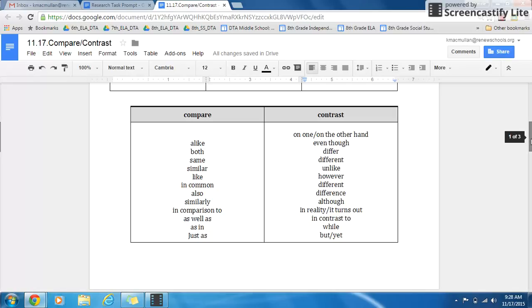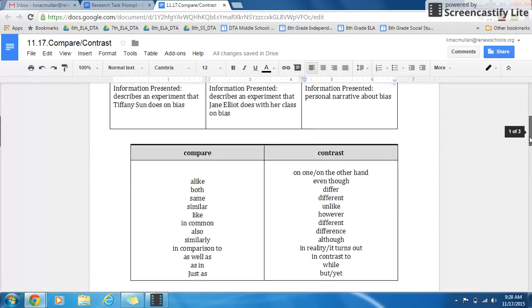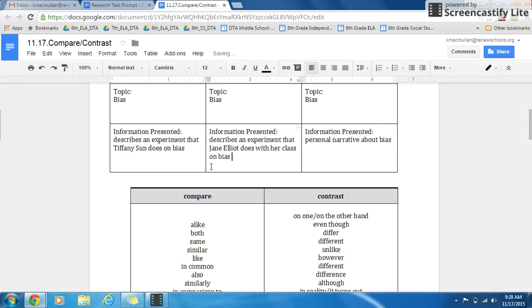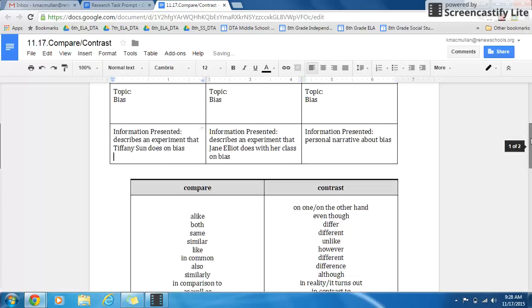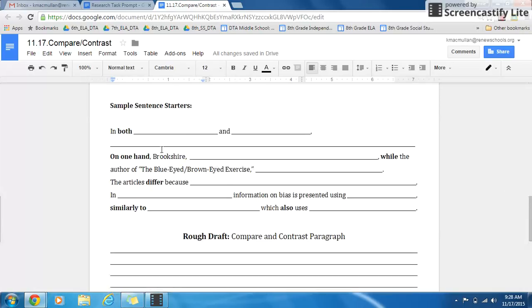Now, using these words in your compare and contrast paragraph is going to be necessary, but it's kind of hard sometimes to figure out exactly how to use them correctly. So what I did here is gave you some sentence starters that are going to help you get started. Now, you do not need to use these sentence starters, but they are a way to kind of see how these compare and contrast sentences work.